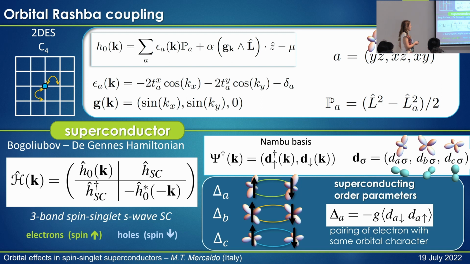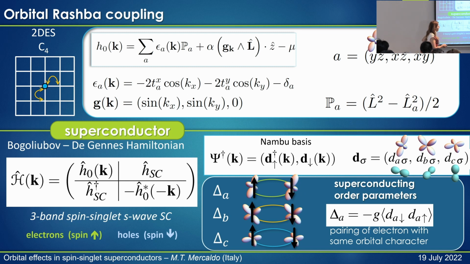This is the electron part, this is the hole part, and these are the parts regarding superconductivity. We can also say that this is a 3-band spin-singlet s-wave superconductor. I want to stress this: we are just considering a conventional superconductor with spin singlet. So about the spin, our pair is always with spin up and spin down. And about the superconducting order parameter, this part of the Hamiltonian is diagonal. We have only pairing of electrons with the same orbital character.